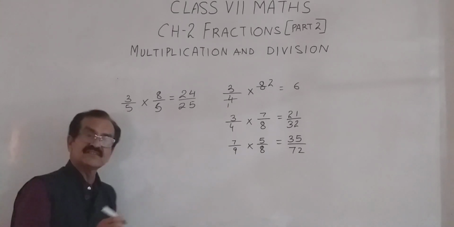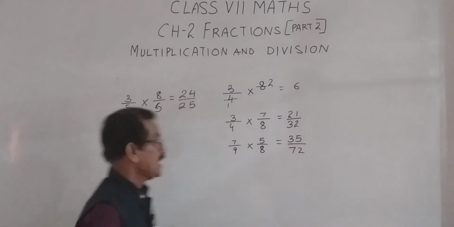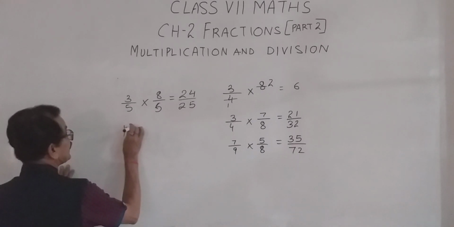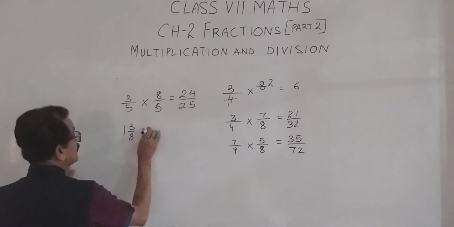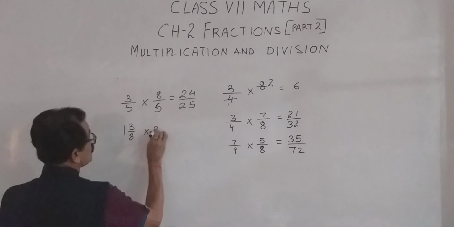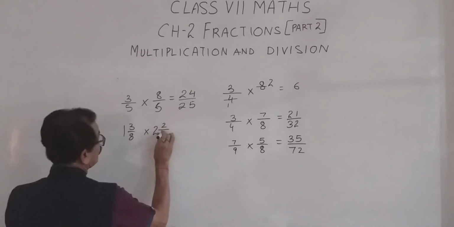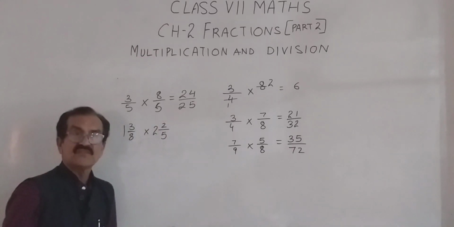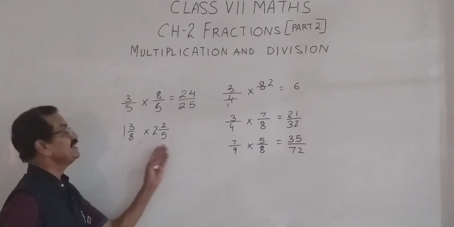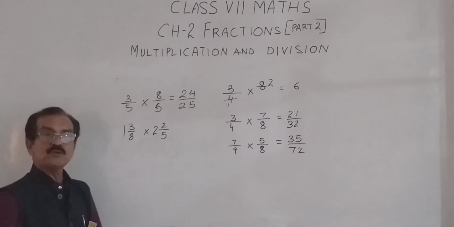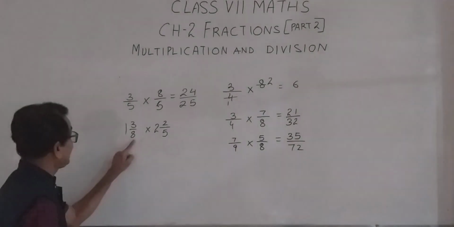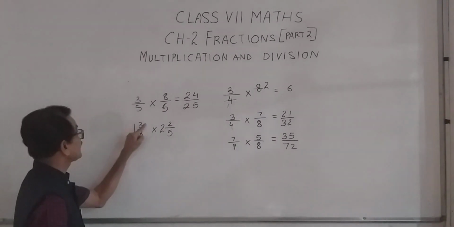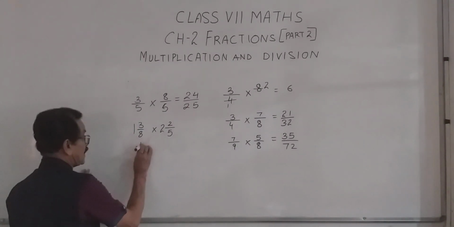Now, let's see the case of mixed numbers. I have 1 3 by 8 to be multiplied by 2 2 by 5. First, we will convert these mixed numbers into improper fractions. 8 1s are 8, plus 3, 11 upon the denominator.